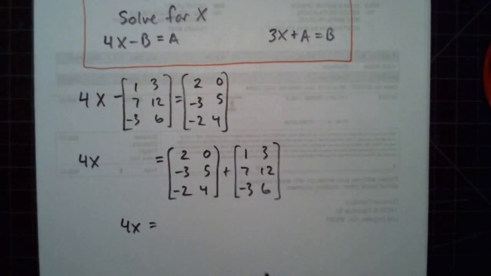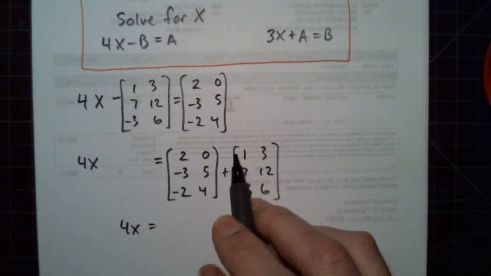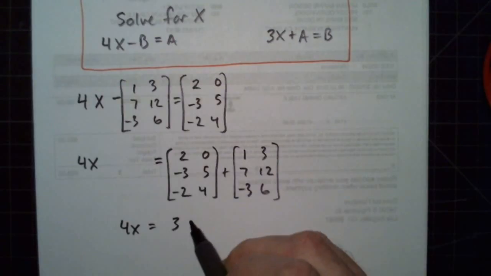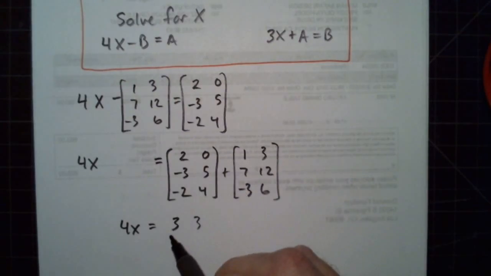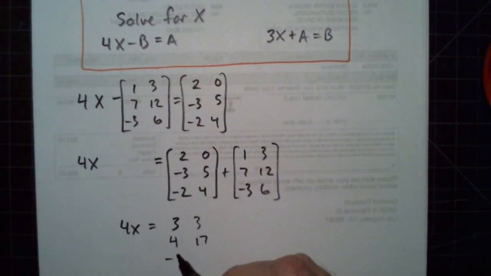We'll combine these to get 2 plus 1, 0 plus 3, negative 3 plus 7, 17, negative 5, 10.